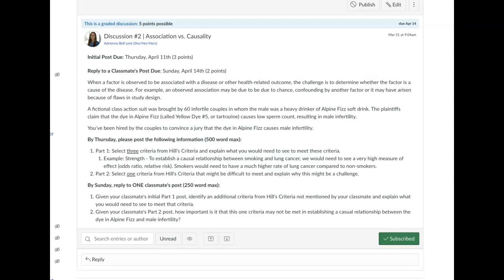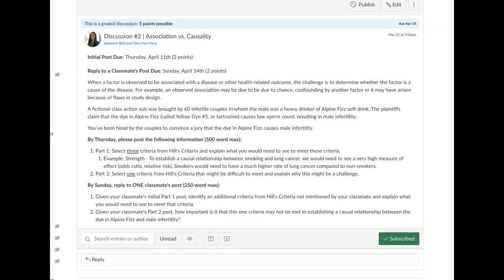In part 1 of your reply post, you want to think about your classmate's initial part 1 post and identify an additional Hill's criteria that hasn't been mentioned by your classmate and explain what you would need to do to meet that criteria. And then in the second part of the reply post, given your classmate's part 2 post, how important is it that that criteria be met in establishing a causal relationship?